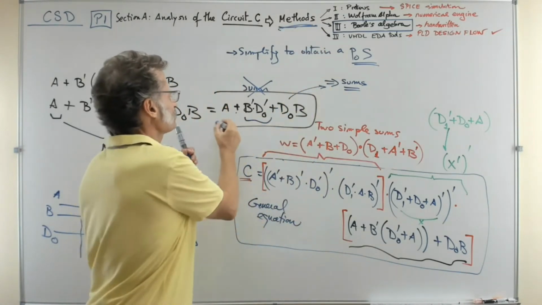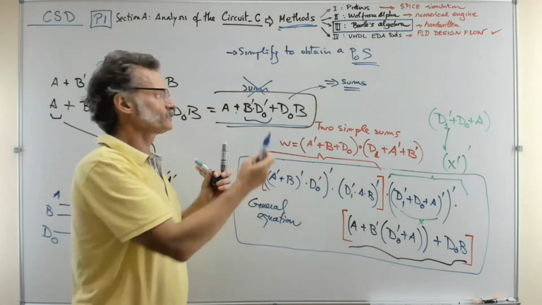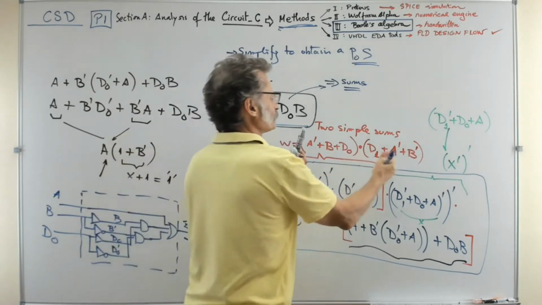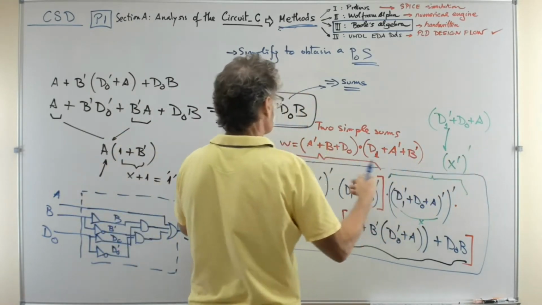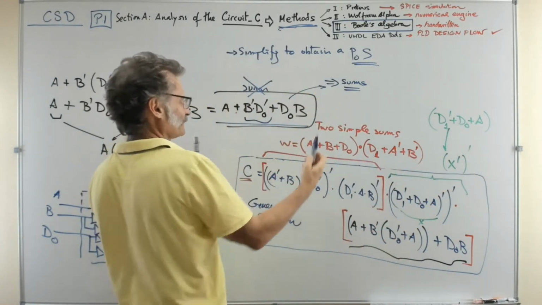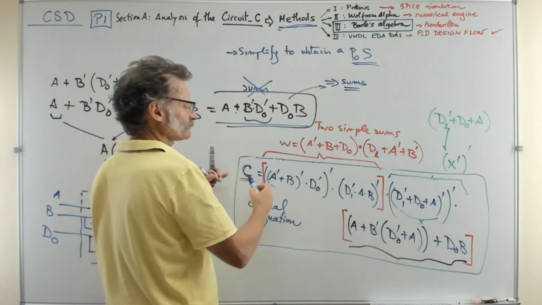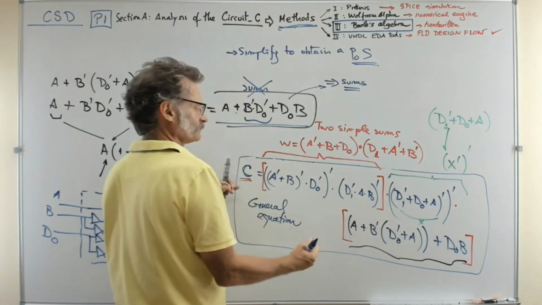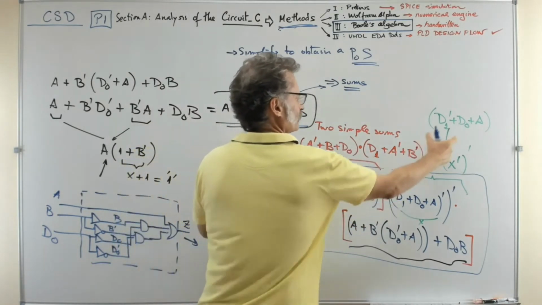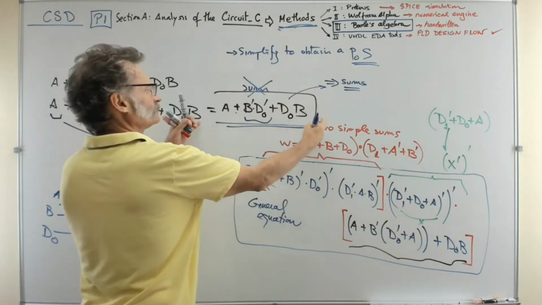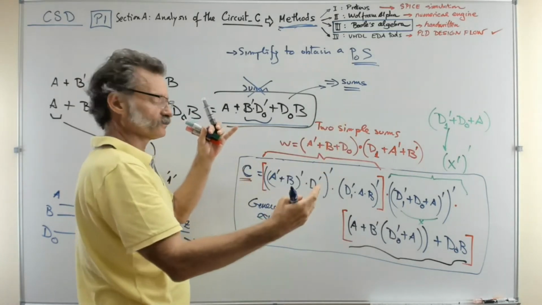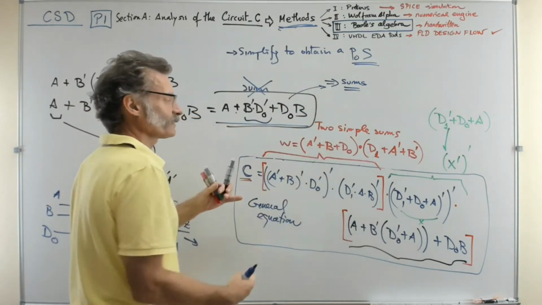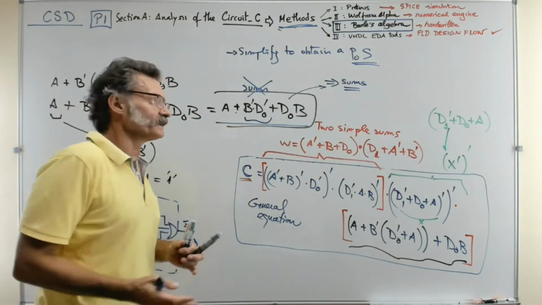Because this is not a sum, and this is not what you want here to get the final sum of products for your C circuit, right? You would like to transform this expression into something like a sum of products, but you have some terms like that here, but not that one. You have to get that sum of products by inventing another method.